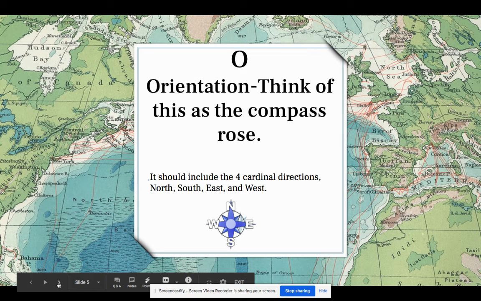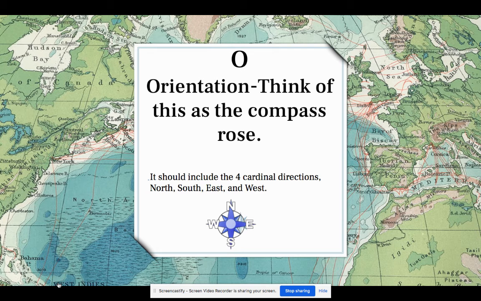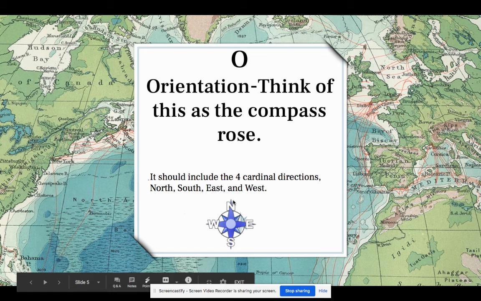The next acronym letter is O for orientation. I think of this as the compass rose. This tells the reader which way the map should be facing if they're trying to use the information on the map. So very often you have the cardinal directions, north at the top and south at the bottom, west on the left, east on the right.